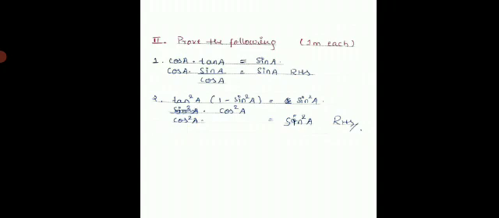From that, you can change 1 minus sin square A as cos square of A. Then cos square of A, from the numerator to denominator, terms will get cancelled. It will be left with sin square of A, which is the required answer.